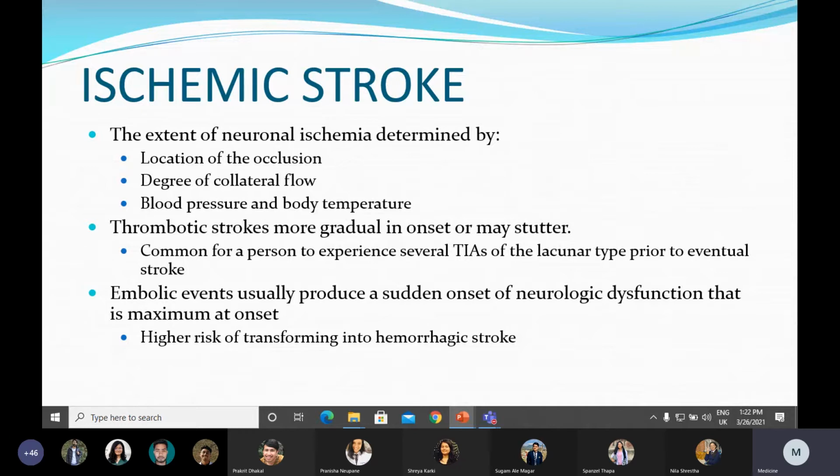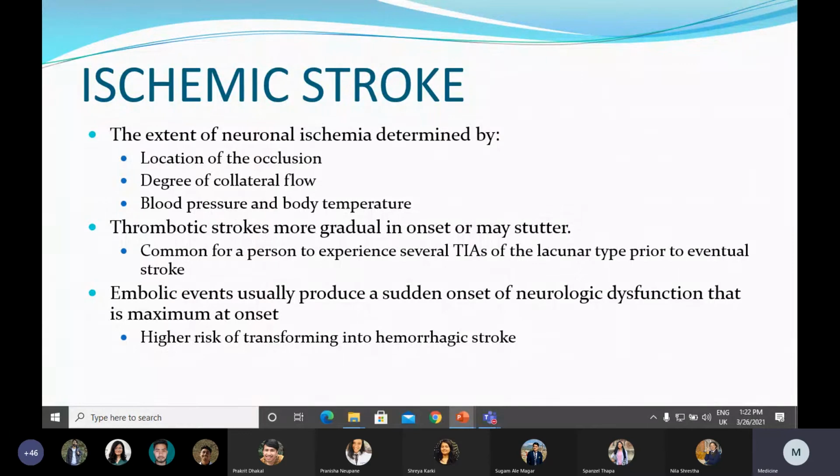We should be looking for these, and the extent of the neurological ischemia is determined by location of the occlusion, whether there is collateral circulation or not, and even the blood pressure and body temperature. We'll talk about blood pressure and body temperature in the treatment part also.